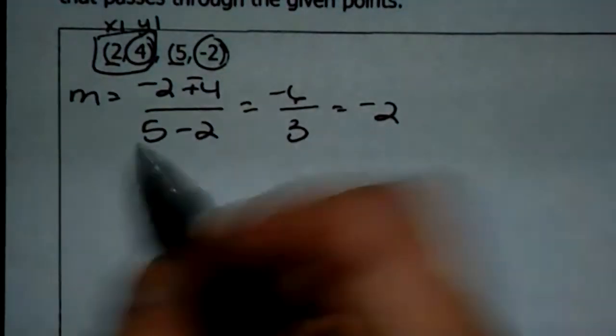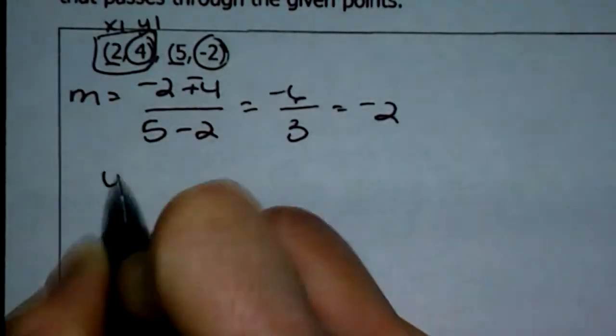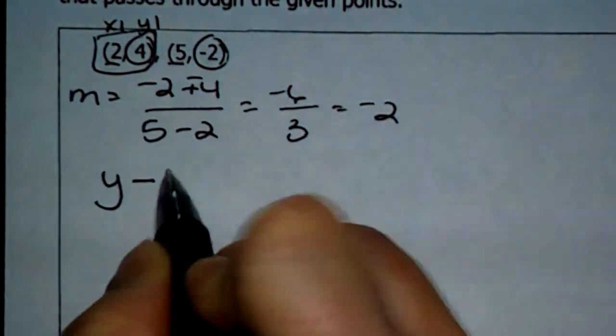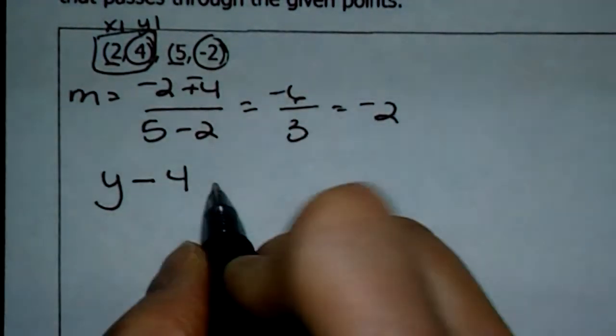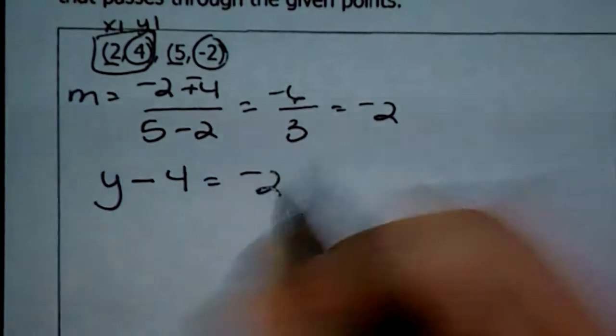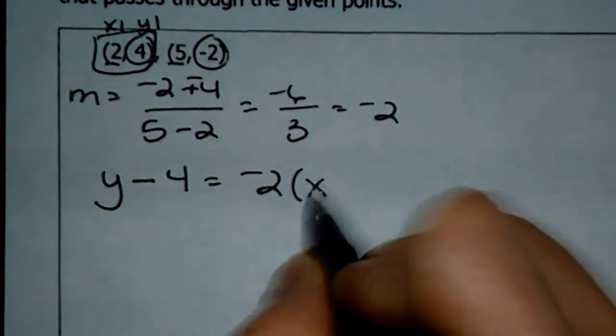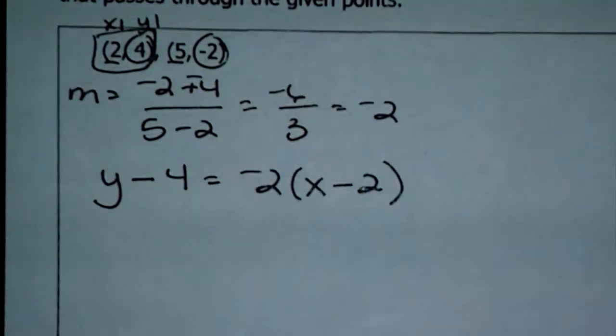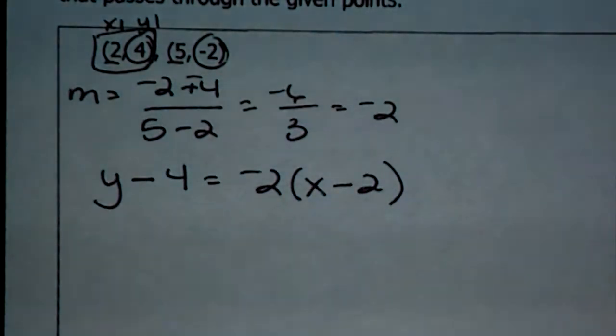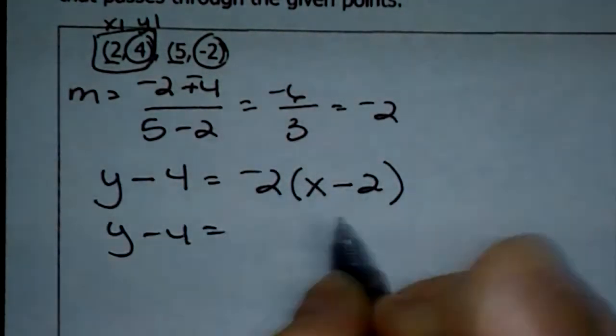Alright, so point slope says, I'm supposed to take y minus y1, which is 4, equals the slope that we just found, times x minus x1. Now we're not done because I wanted the equation in slope-intercept form, so we just have some rearranging, some simplifying to do. We get rid of parentheses first whenever we see them.